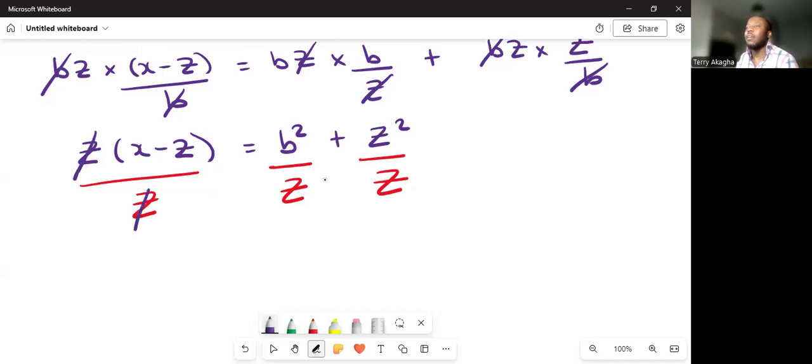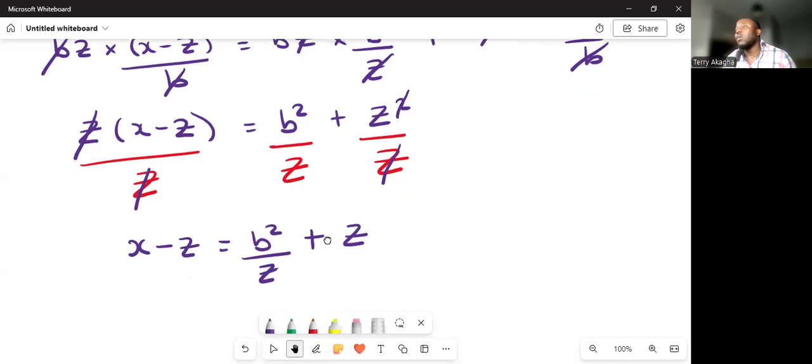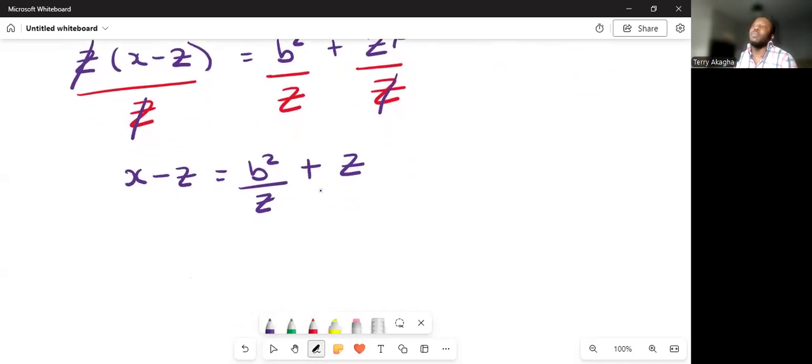So you're going to have x minus z equal to b squared over z. Now, because it's squared, this z is going to cancel one of these, and you're going to be left with z.